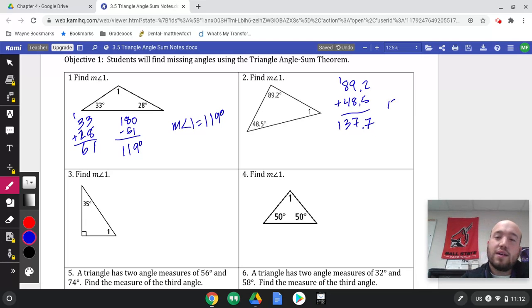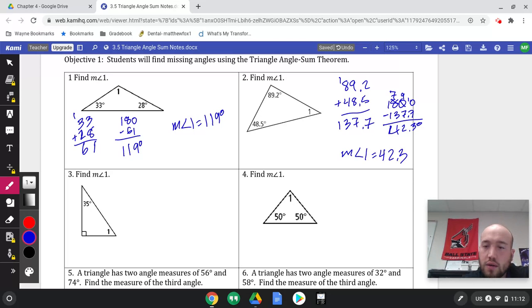Once again, take that away from 180, and we'll get 42.3 degrees as our answer. So on this one, the measure of angle 1 equals 42.3 degrees.